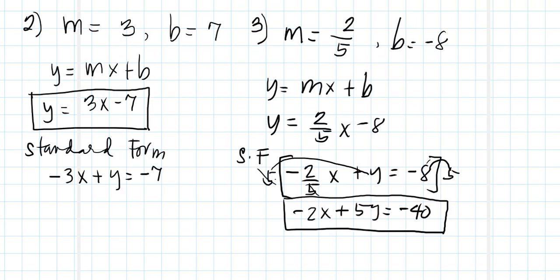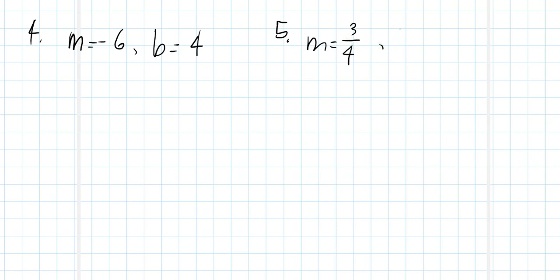Previous was number 3, so now number 4. If you have m equal to negative 6 and b equal to 4, then number 5, m is equal to 3/4 and b is equal to negative 3.